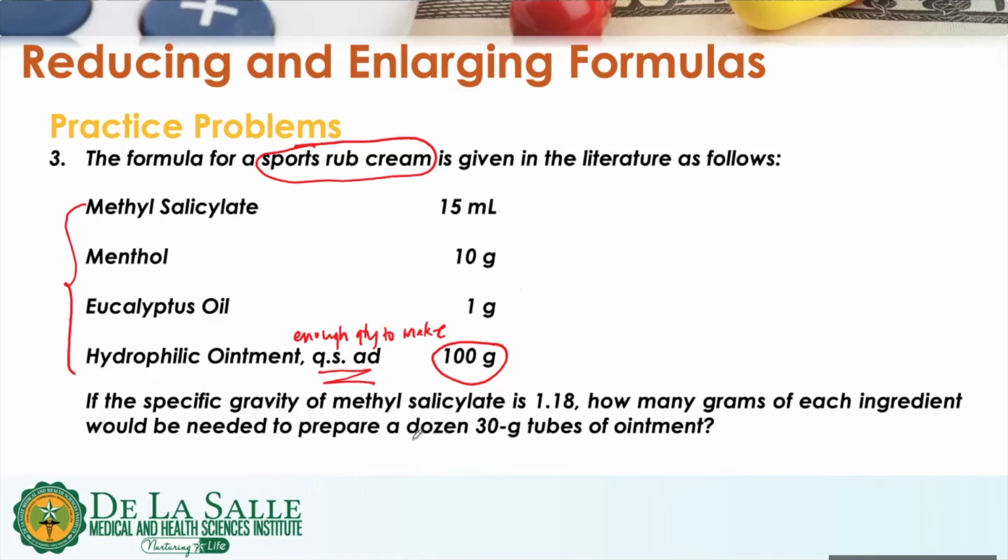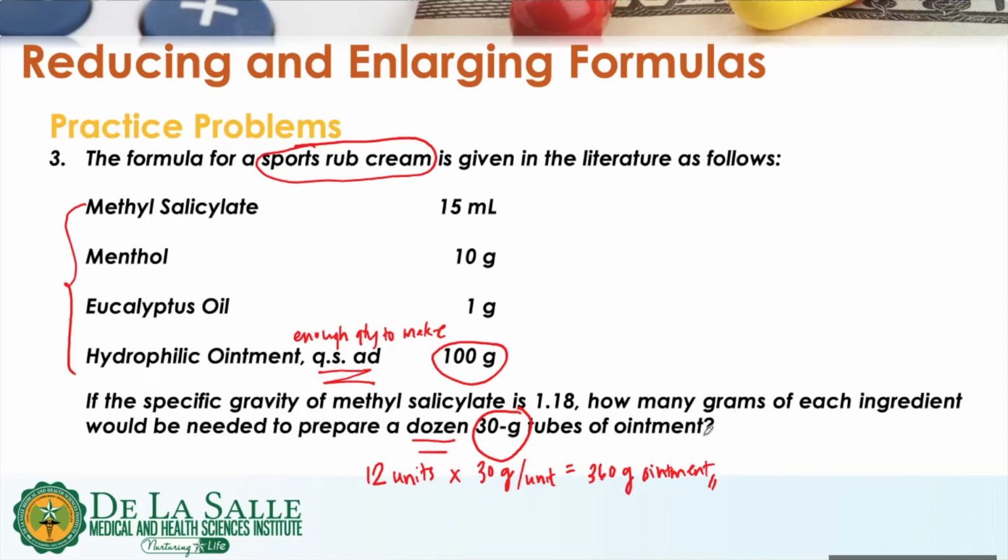Now we want to prepare a dozen 30-gram tubes of the ointment. So that's 12 units or 12 tubes times 30 grams per unit or per tube, and this will be equal to 360 grams of the ointment. This is the total amount of the ointment that you would like to prepare in order to answer this problem.